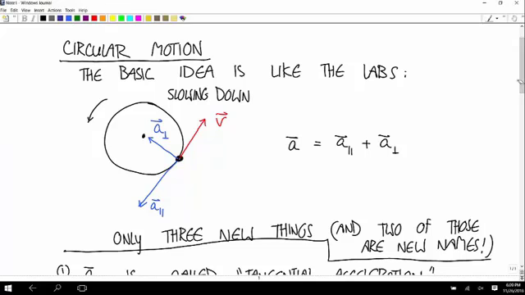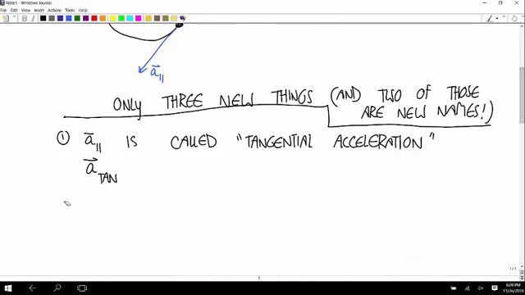Well, why is it called the tangential acceleration? I mean, that would make sense in every case to call it parallel tangential acceleration. Remember, it's just that if it's circular motion, we're going to call it that. And the second new thing is that the perpendicular part of the acceleration has a new name. So a perpendicular is going to be called the centripetal acceleration.